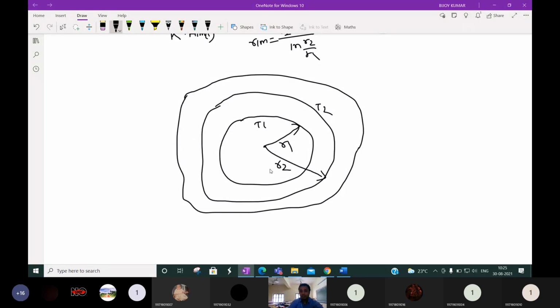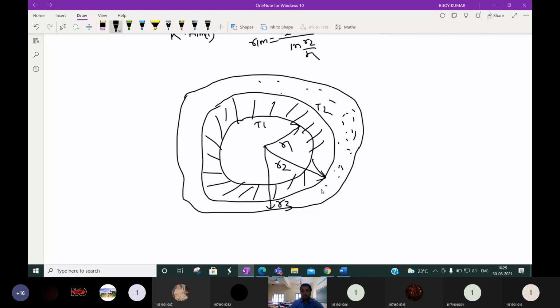Suppose the outer radius is now R3. So this is one cylinder, and this is another cylinder. After one cylinder, another cylinder was attached.